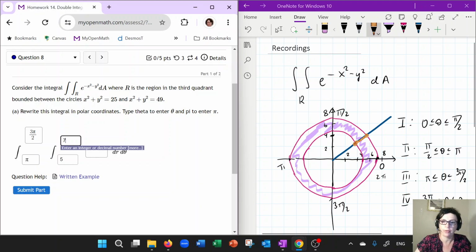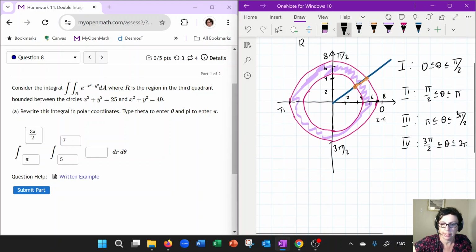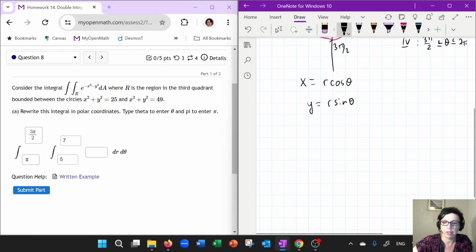So how do we convert this integral to polar coordinates? One of the things that I already told you is that in polar coordinates, x is r cosine theta, and y equals r sine theta. But there is another very useful observation when you are dealing with integrals that have an expression x squared plus y squared. Imagine that this is a point with some coordinates.